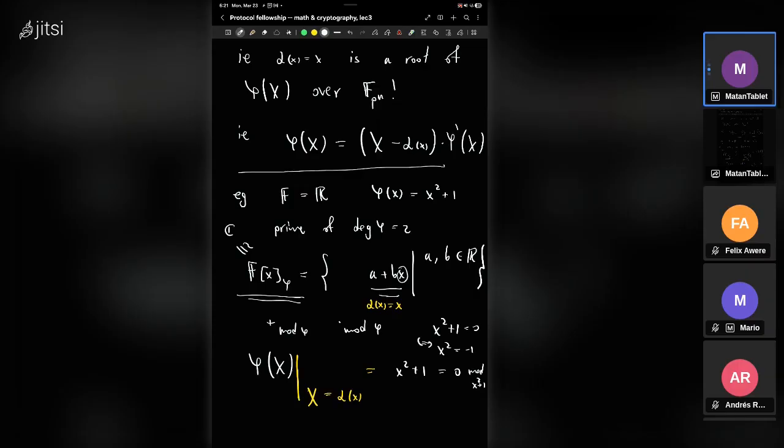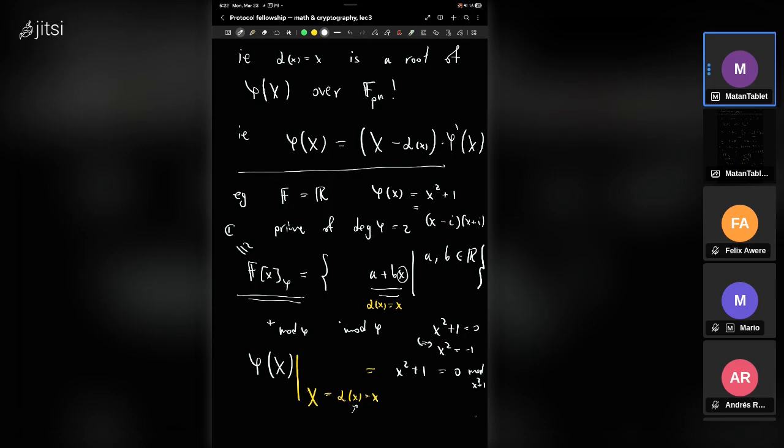So in fact, this small x functions as the imaginary number. It's just a new notation. And this is the reason that once I substitute small x, namely alpha x equals small x, into the new polynomial over the new field, now I have a root, because x squared plus 1, in fact, is (x minus i)(x plus i) over the complex numbers. Okay?